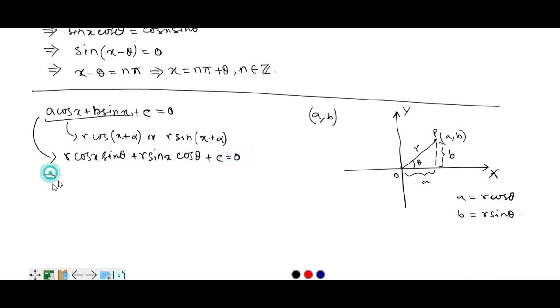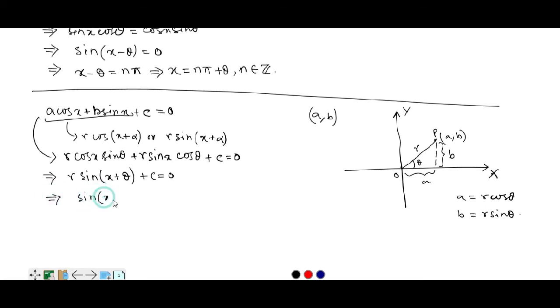Now you see we can write it as r into sin x cos theta plus cos x sin theta, which is ultimately r sin of x plus theta, plus c is equal to 0. Now see, it is in the standard form.